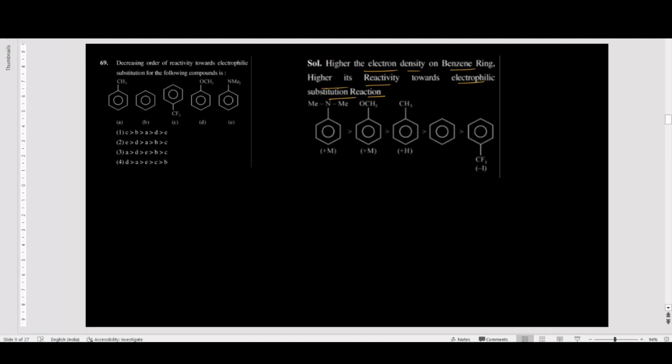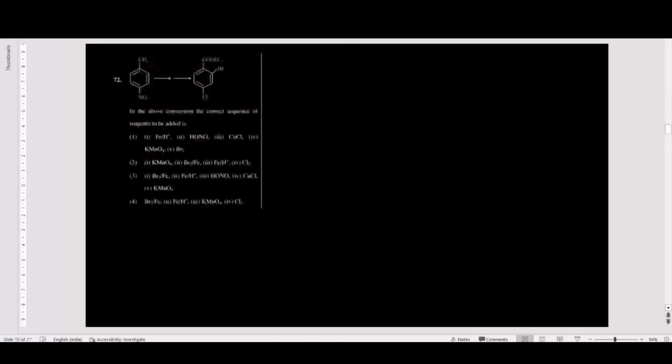So let's move to the next question. So here they have given the reactant and the product. We just need to find the reagents. Right. So yeah, now let's check. So let me write this first, CH3 and NO2. As we know, this NO2 is an electron withdrawing group and this CH3 is an electron donating group, right?